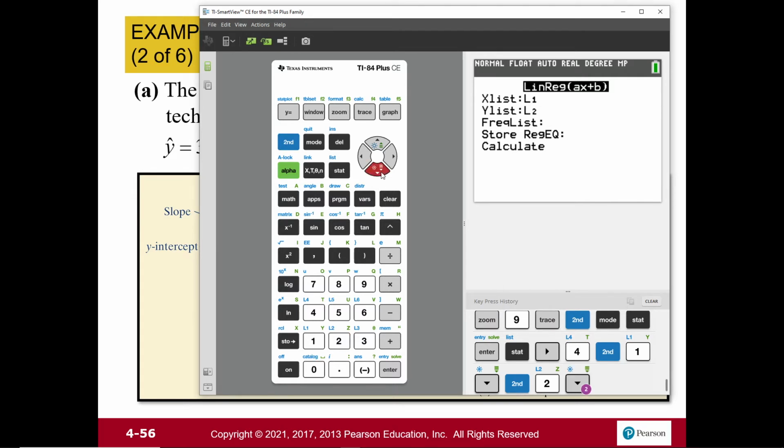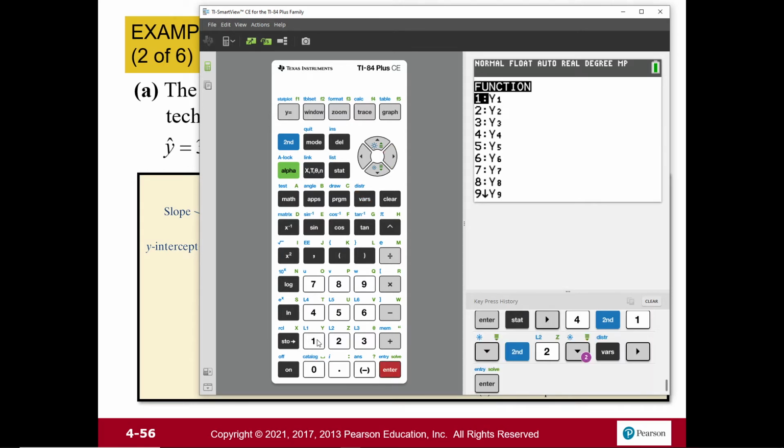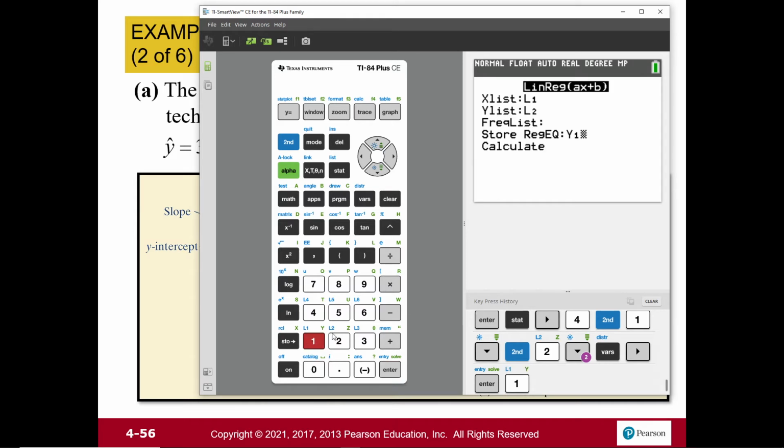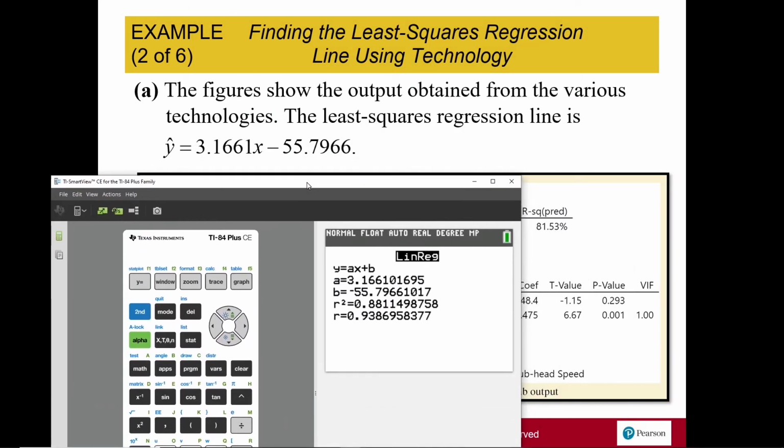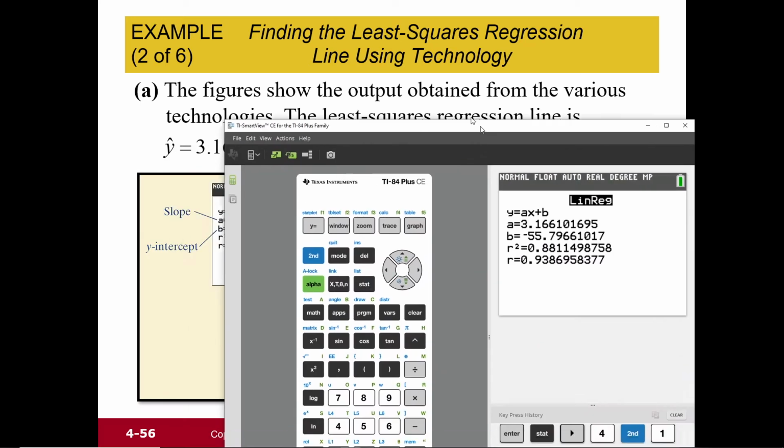And let's store the regression line in Y1. Let's overwrite the last thing we did. And now just hit Calc. Now, this is what I got, and it matches what they have as well.